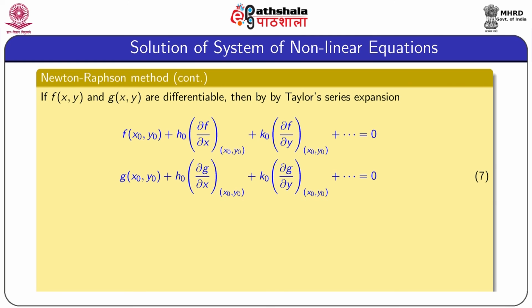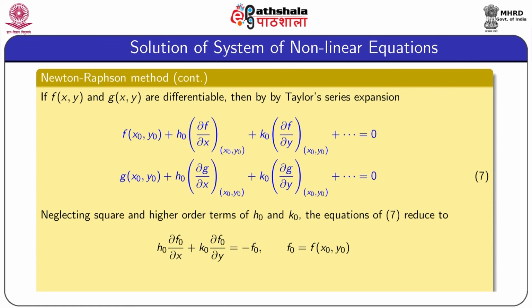Here also the values of h0 and k0 are small. So, neglecting square and higher order terms of h0 and k0, the above equations reduce to h0 ∂f0/∂x + k0 ∂f0/∂y = -f0, where f0 is equal to f at the point (x0,y0).